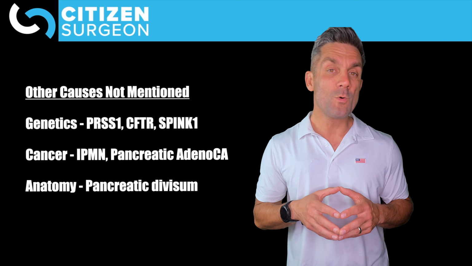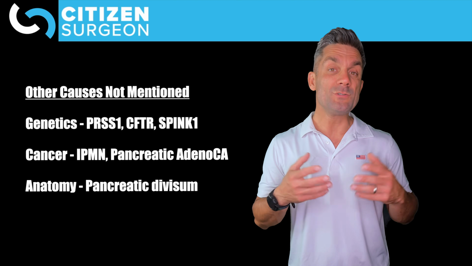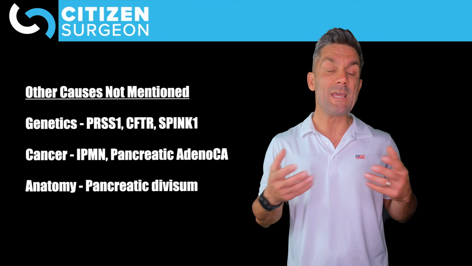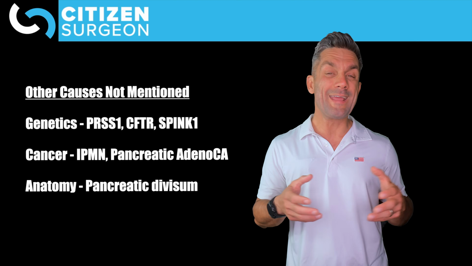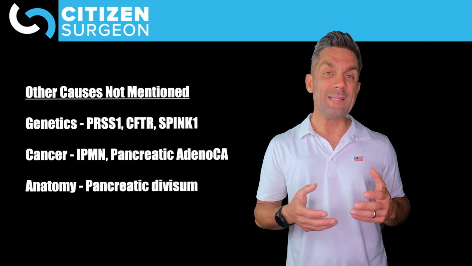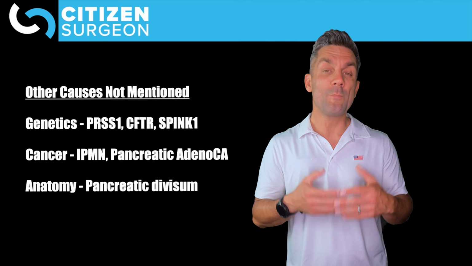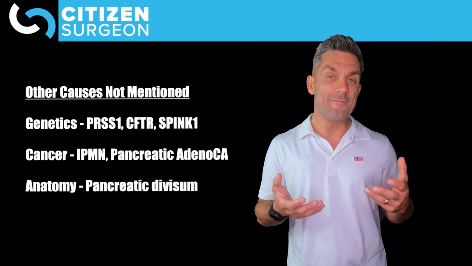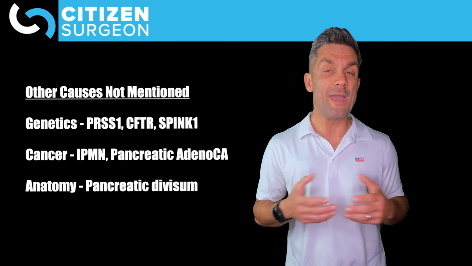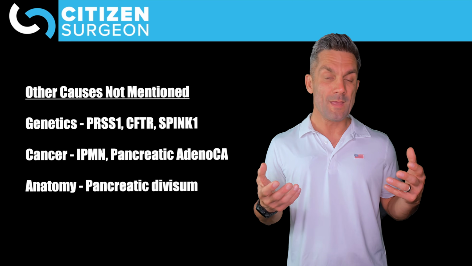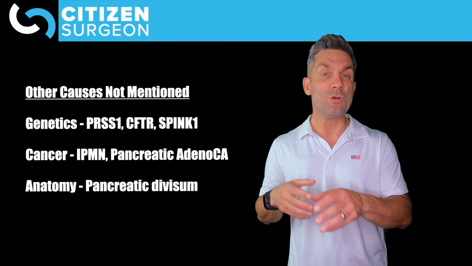Second would be cancer, such as an intraductal papillary mucinous neoplasm, or IPMN, or perhaps a pancreatic adenocarcinoma, which may lead to acute pancreatitis or be the presentation of that underlying cancer. And then perhaps pancreatic anatomy. If you had a pancreas divisum, that could lead to acute pancreatitis.